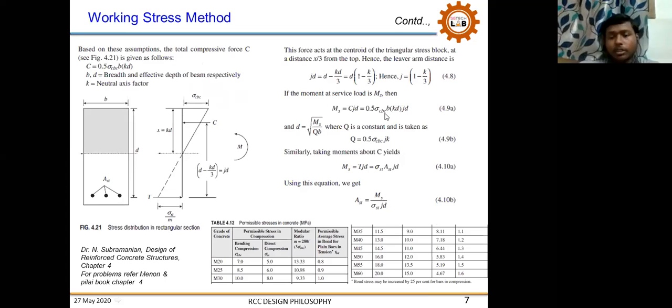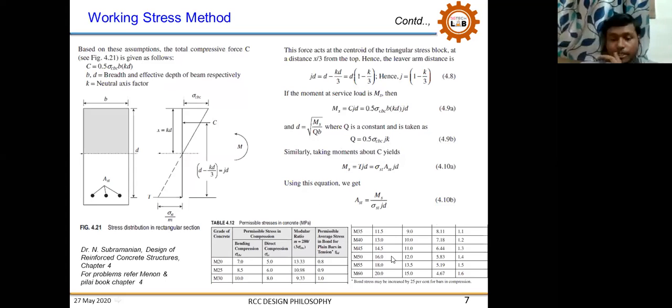And there goes the value where Q is identified to be constant and taken as 0.5 times sigma CBC JK. The same thing can be estimated with the help of tensile reinforcement on the tension side. That is TJD, where sigma ST is the stress of steel times the area of the steel, and JD is the lever arm distance.